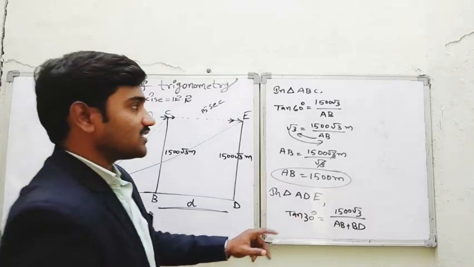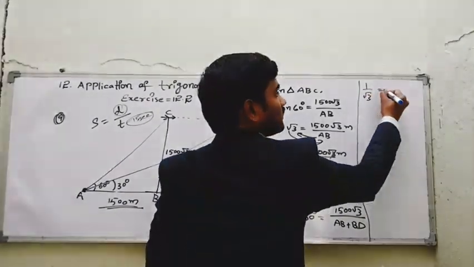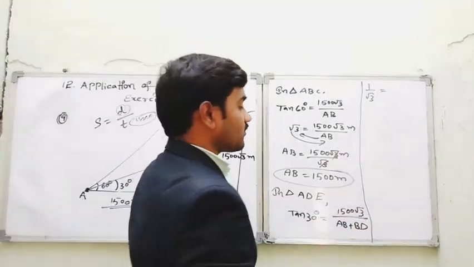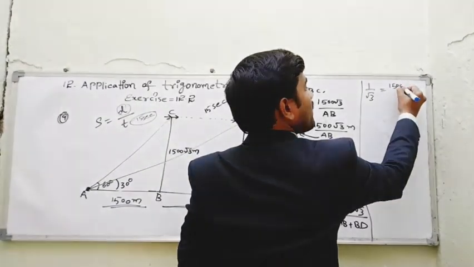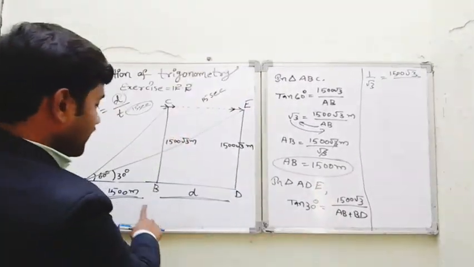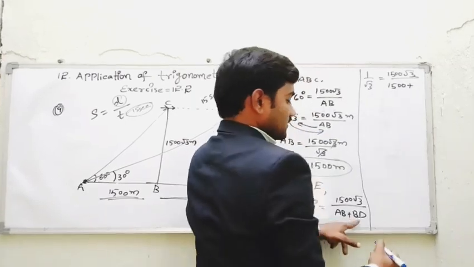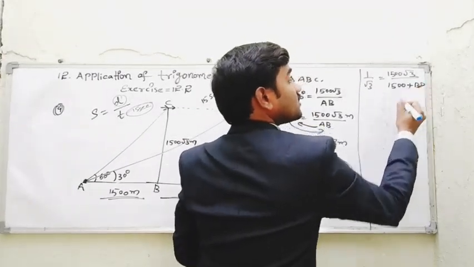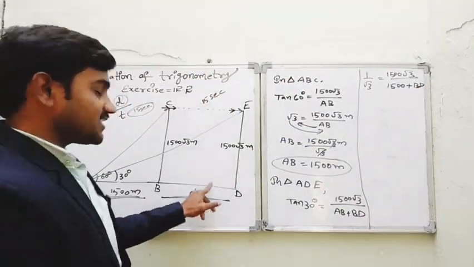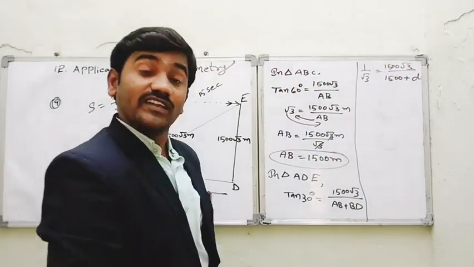Tan 30 degrees value is 1 by root 3. So 1 by root 3 equals 1500 root 3 by 1500 plus BD. BD is nothing but our distance D, that is what we require.